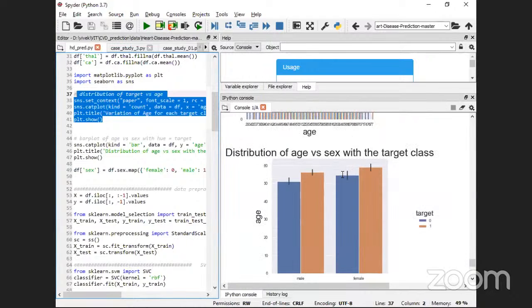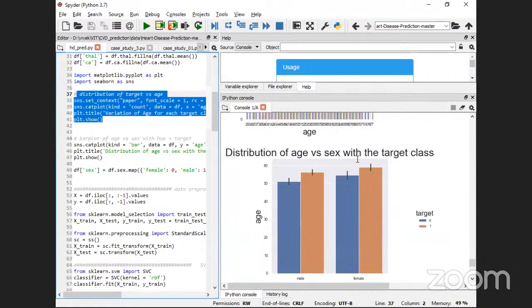Right. So now some inference also we can do with respect to this. Let's say with this male and female, we can come to a small conclusion that males are getting affected at a lesser age compared with females.